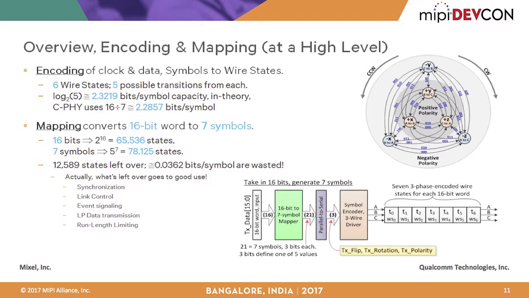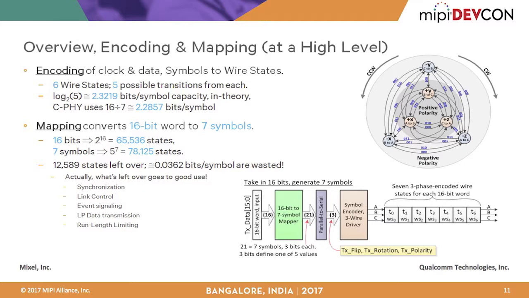And when you look at it, you end up with 6 wire states that are allowed because you are trying to ensure there is always 1 transition per symbol. Then if you're looking at 6 states, you cannot stay at the same state from one UI to the other, which means that you always have to be transitioning, which translates into 5 possible transitions between the 6 states. So that means that you really have 5 possible transitions.